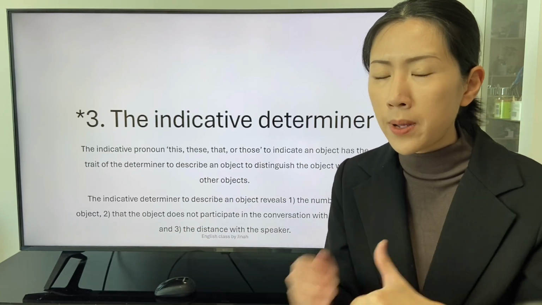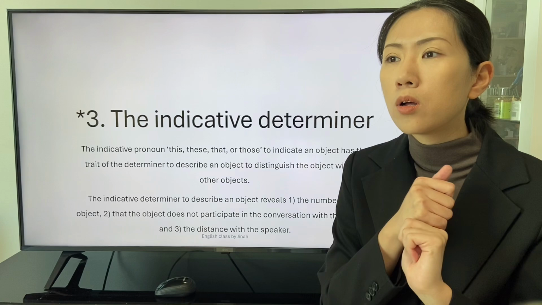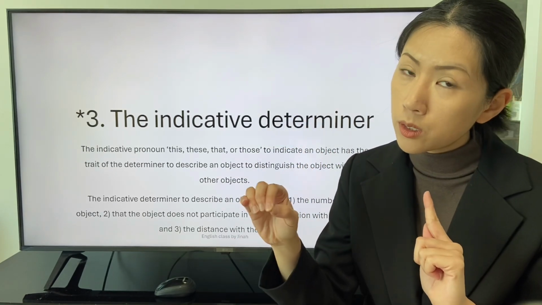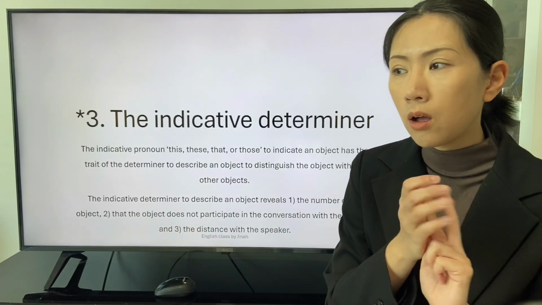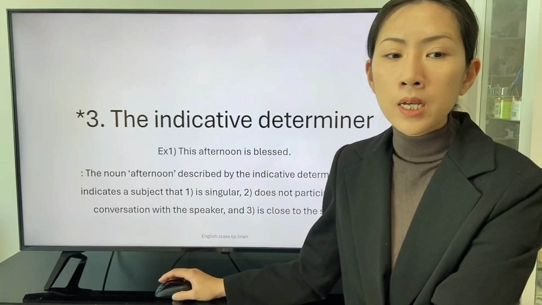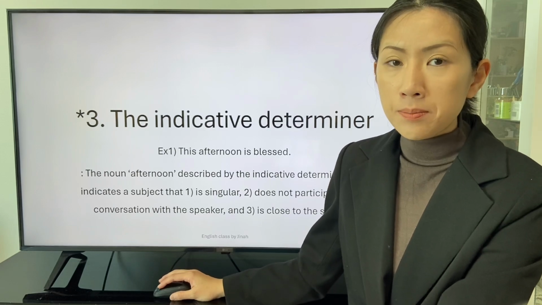The information is about the number, whether the object is a participant or not, and the distance from the speaker. There is an exemplary clause.